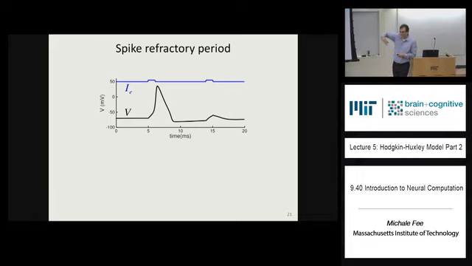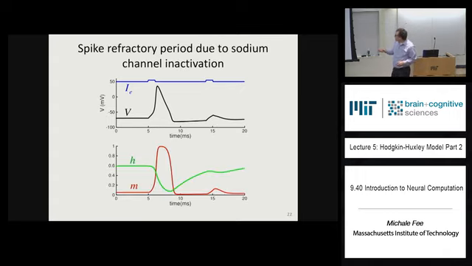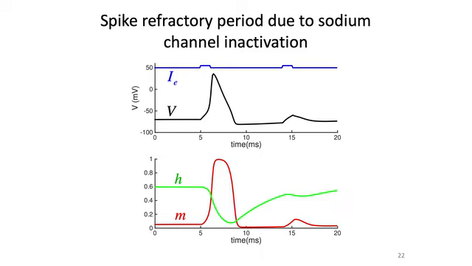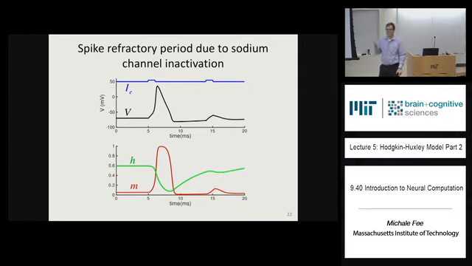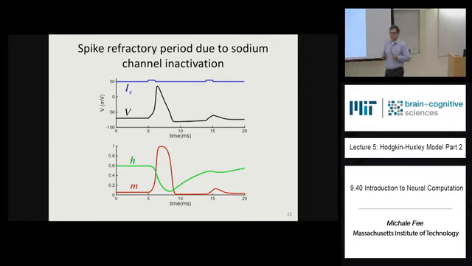Yeah, that thing is still stuck in there and hasn't had time to fall out yet. And if you plot H, you can see that it hasn't recovered back to the state it was at the beginning. So that's called a refractory period. Cells don't like to spike two times in a row too close.